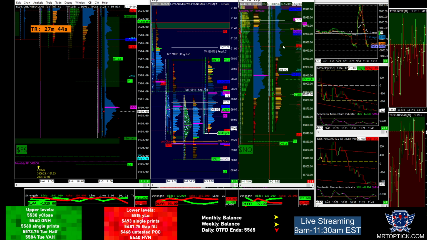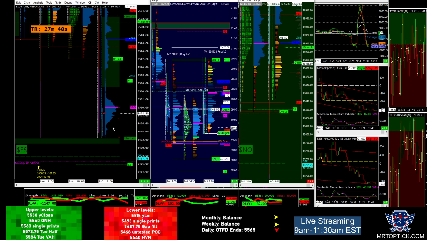For example, if we're thinking that there's a possibility of a gap fill, right? I would be interested in this area on ES to take a short trade to target the gap fill. If I enter the trade here, could it work?